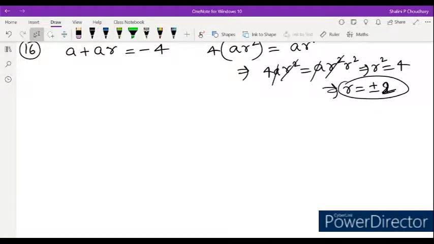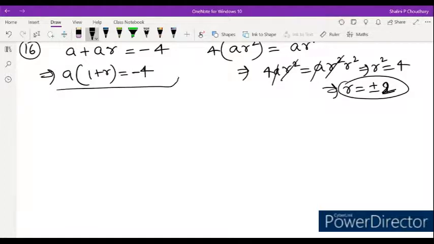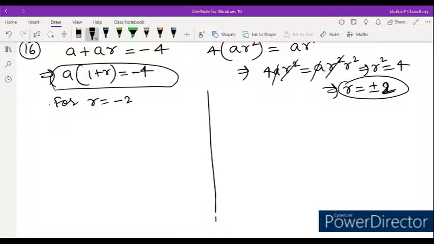So first of all, this A is common, which we took, and 1 plus R will be equal to minus 4. For this formula we'll take two values of R. Let's take R is equal to 2 first, and then we will start: A into 1 plus R is equal to minus 4.